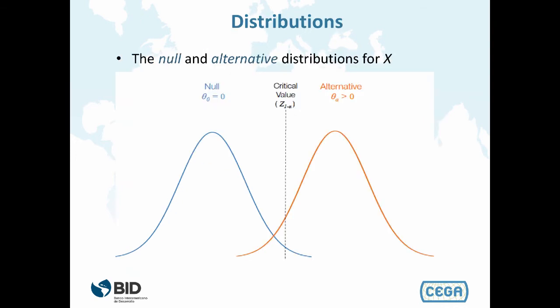That we reject the null hypothesis when it's true. The null and the alternative distributions for x are displayed below. When the null is true, the blue distribution is active, and when the alternative is true, the orange is active. We choose a critical value z1 minus alpha, and that's the dotted line.